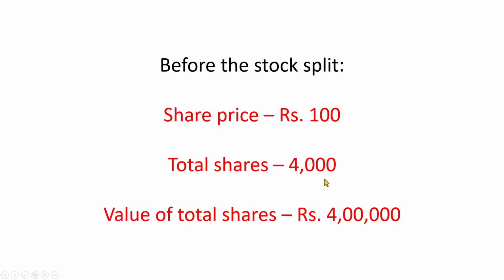I am considering the same example that I had considered before. The example of the oil mill. Promoter A has 2000 shares, promoter B has 1000 shares, and the public has 1000 shares. Value of total shares is 4 lakh rupees. 4000 multiplied by 100, 4 lakh rupees.